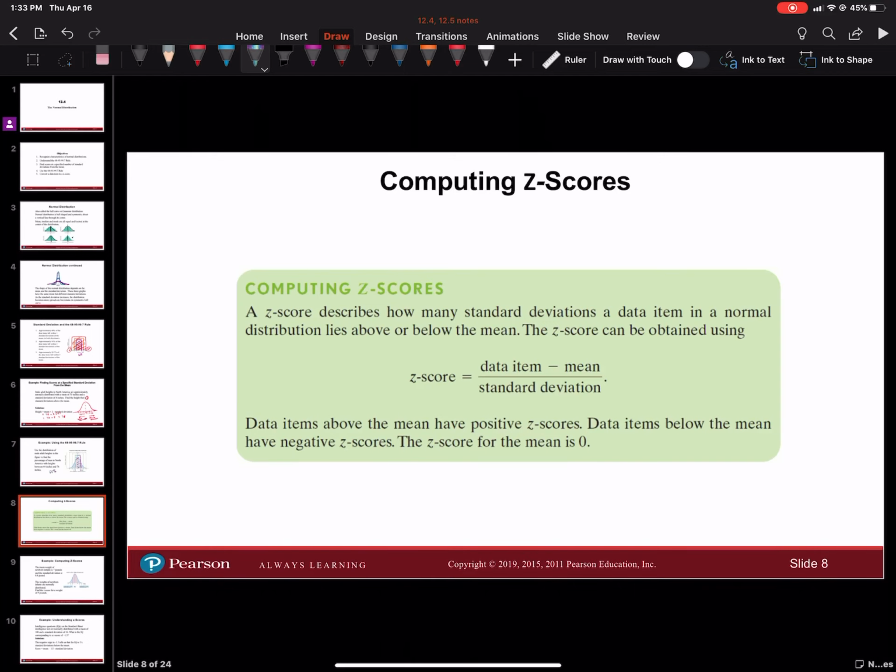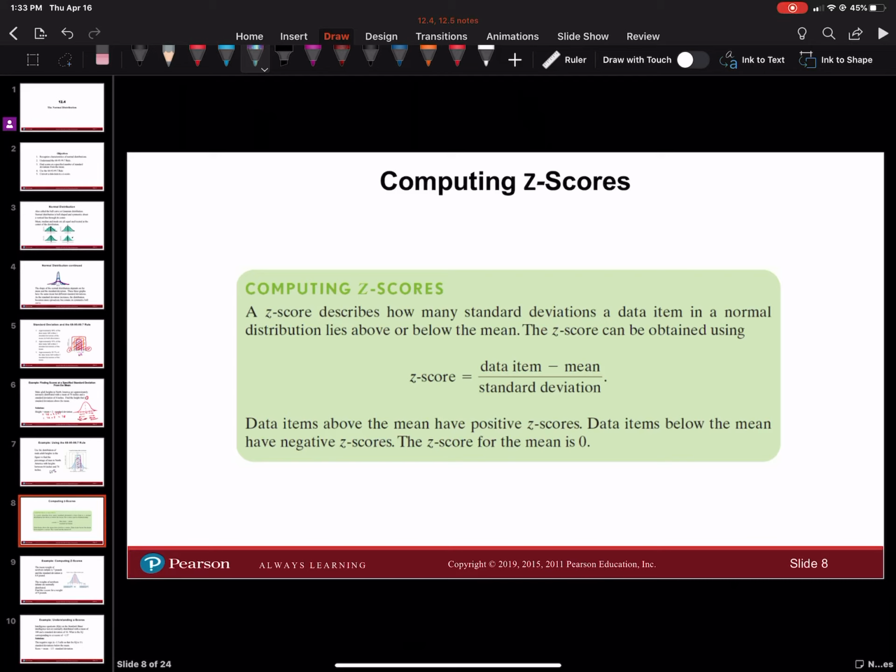Now, when we're computing z-scores, a z-score describes how many standard deviations a data item in a normal distribution lies above or below the mean. The z-score can be obtained by using z-score is equal to data item minus mean all over the standard deviation. The data item above the mean has a positive z-score.